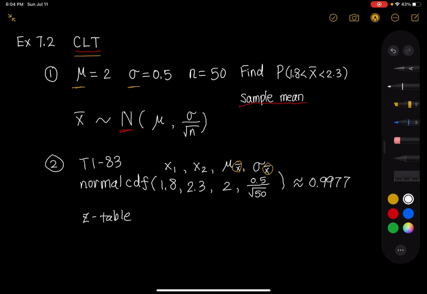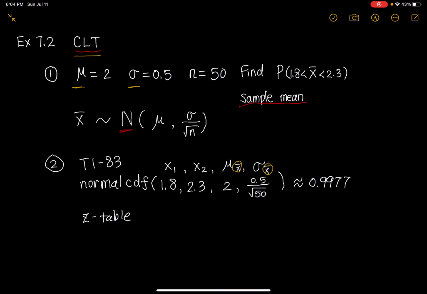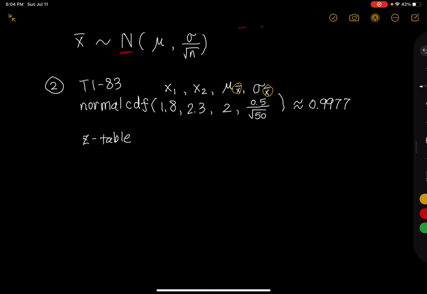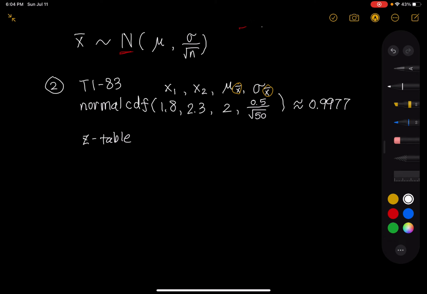And that's the second route you can use if you don't have a TI-83 calculator. So in this case, we have to standardize the Z-score, because the z-table only tells us the probability of a z-score, not x, of z less than a number.